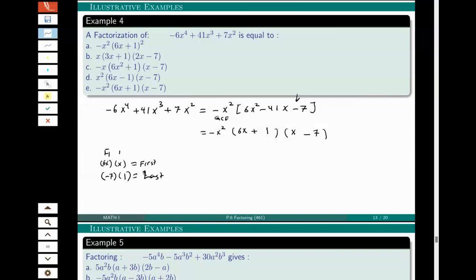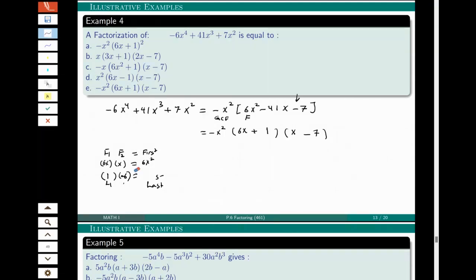So first number 1 times first number 2 should give me first, and here this is 6x squared. And last number 1 times last number 2 should give me the last. Let me say this is 1 and that is minus 6.